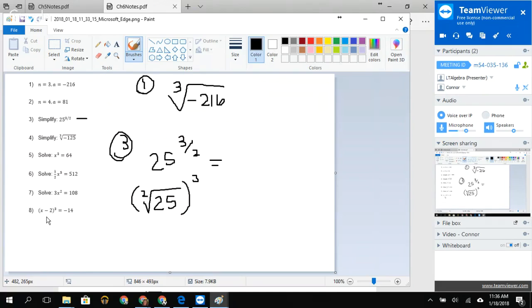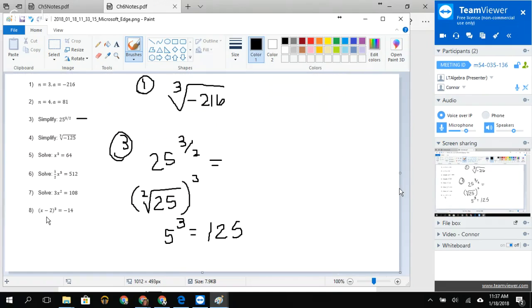So I know the square root of 25, that's the easy one, is 5. 5 cubed is 5 times 5 times another 5, so 125. So could I type in 25 to the 3/2 power? Yes, and get 125. But we should also be able to figure out exactly what's going on, just using our common sense and standard terminology, I guess.